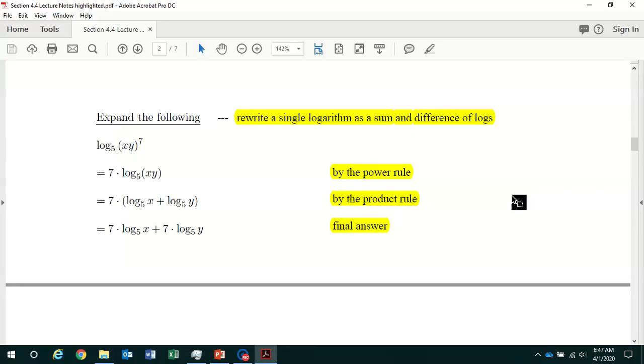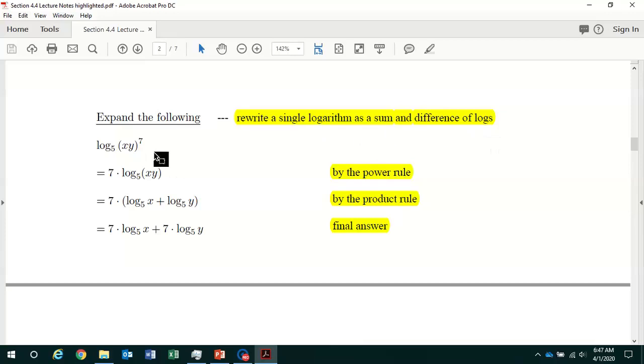Expanding a logarithmic expression means you start with a single logarithm like this one here, log base 5 of xy to the 7th power, and we expand it so as to rewrite that single logarithm as a sum and difference of logs.